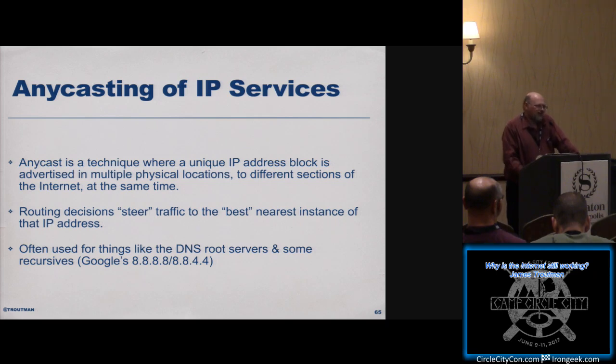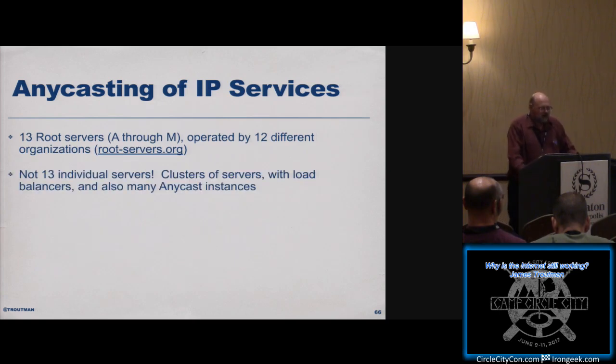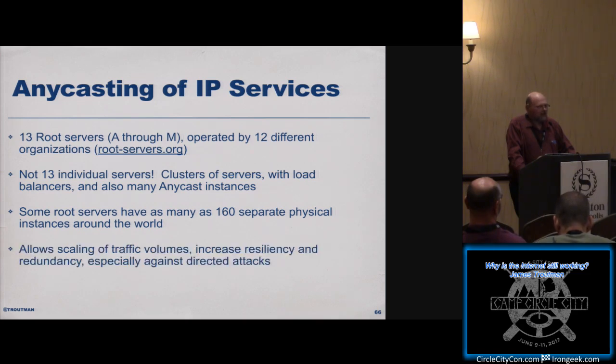That's not a single server. That's a bunch of servers in a bunch of locations. Just like root DNS servers, there's 13 roots, 12 operators. They are not individual servers. They're clusters with load balancers and many anycast instances. In fact, some of the root servers have as many as 160 physically separate instances around the world. This is to ensure that you can always resolve DNS names.